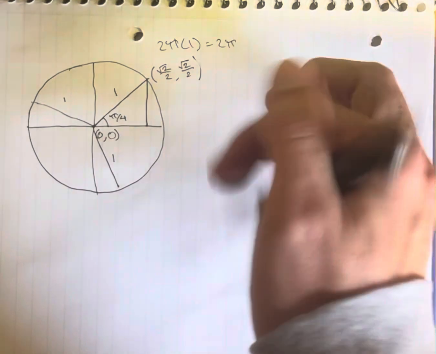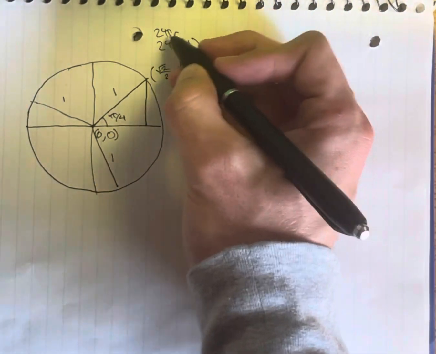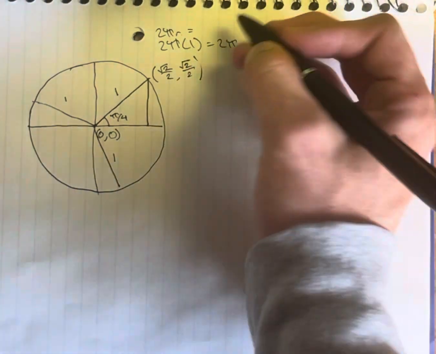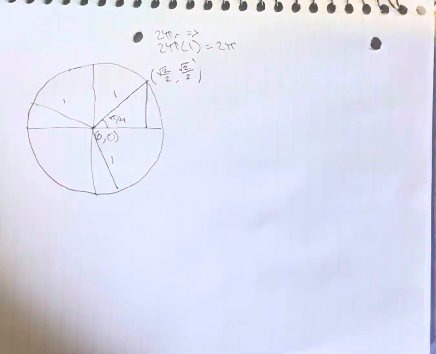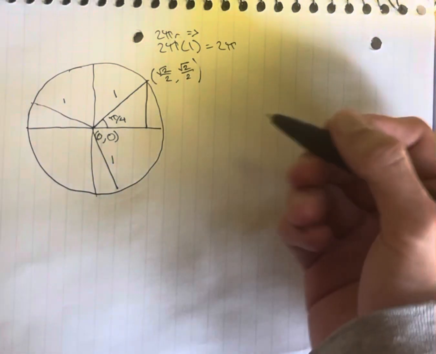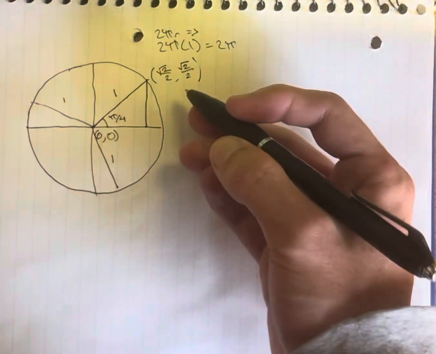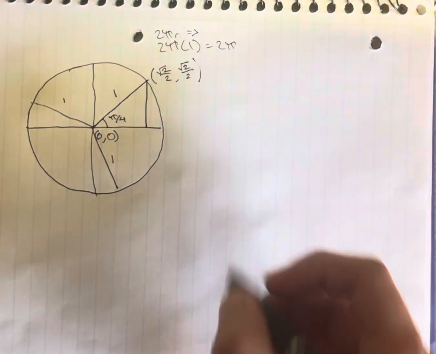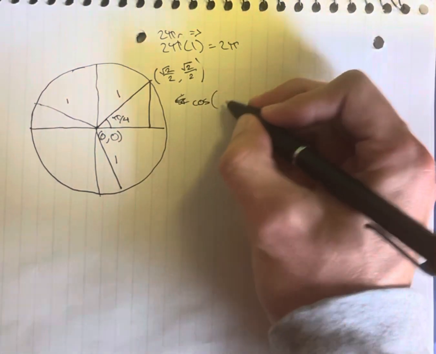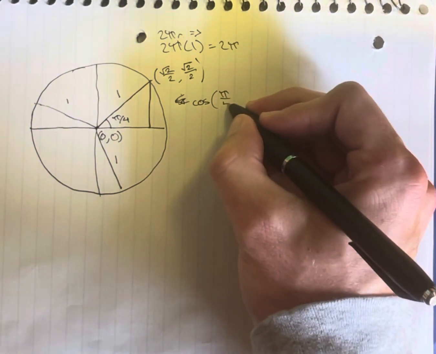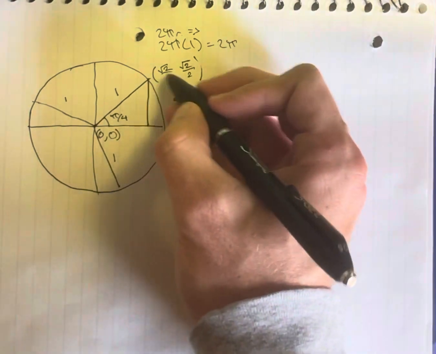And naturally, plugging our radius into the formula 2 pi times radius to find the circumference, we get 2 pi. So, when we are told to find the values at a certain point on the unit circle, we know that taking the cosine of the angle, in this case I have pi over 4 marked here, is going to give us our x value.